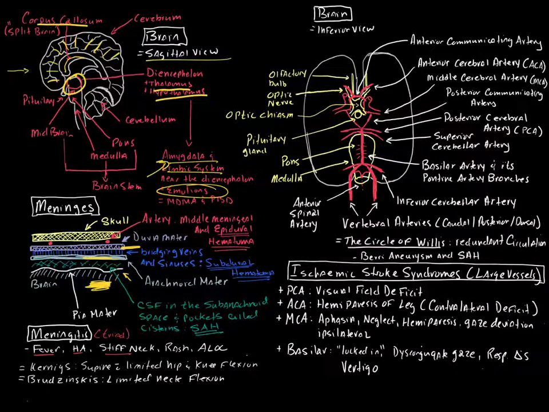Pia, arachnoid, dura. And then I have a space in between the pia mater and the arachnoid, and that's known as the subarachnoid space. And the subarachnoid space is filled with cerebral spinal fluid, right? Circulates around the brain. So you have CSF around it as well as within it, in the ventricles.